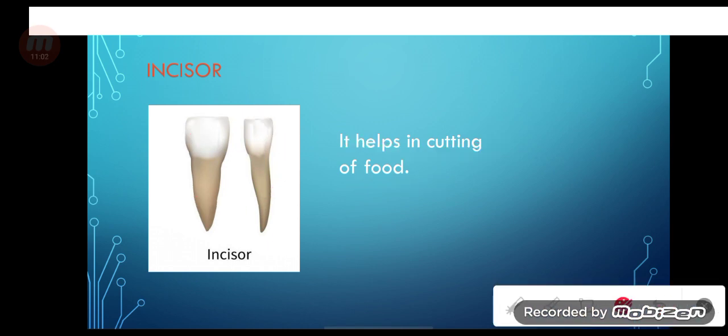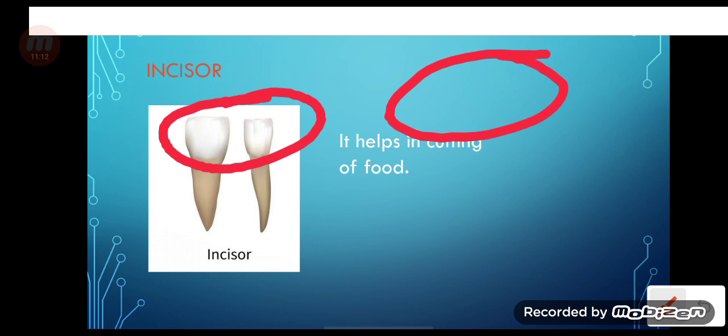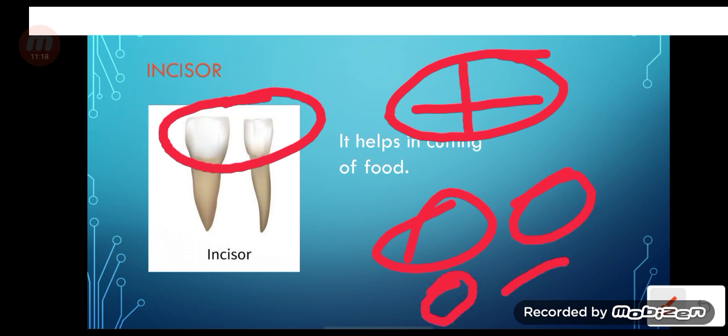When we eat food, for example an apple piece which we take in, it will be cut into small pieces. So incisors help in cutting of food.